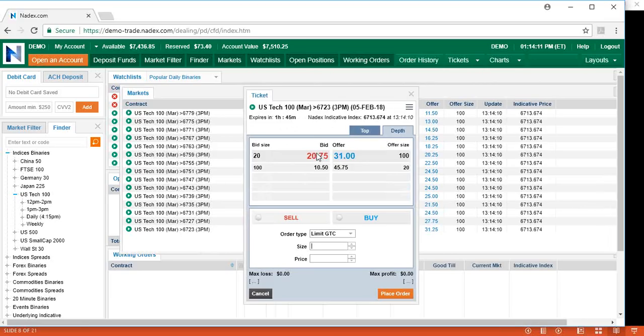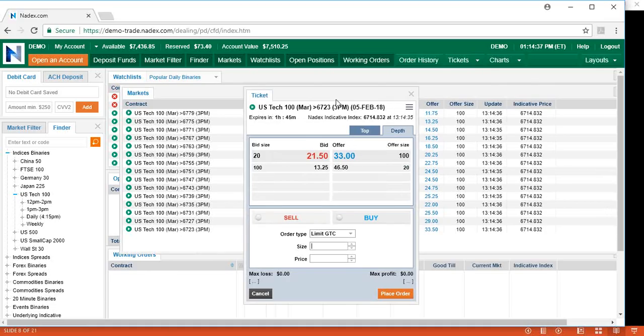And the binary itself can be literally down to a tenth of a tick. If I buy this binary, I'm saying yes, the US Tech will be greater than 67.23. If the market expires at 67.24, just one tick above it, then the statement was true.